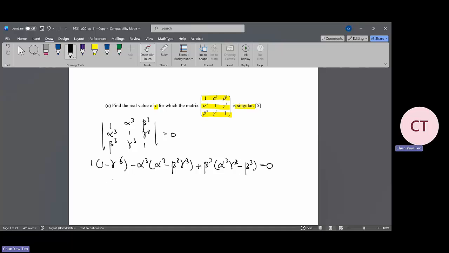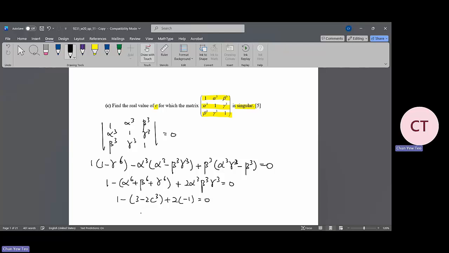equal to 0. And if you expand and simplify them, you can group them together: alpha power 6 plus beta power 6 plus gamma power 6 plus 2 alpha cube beta cube gamma cube. So from part B just now, this is 3 minus 2c cube. And from part A just now, this is -1.